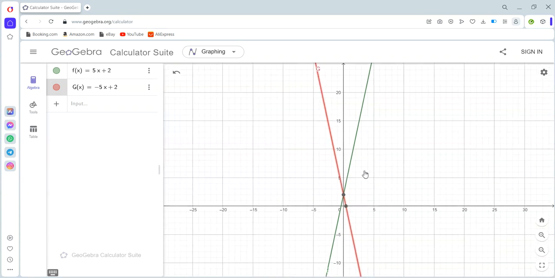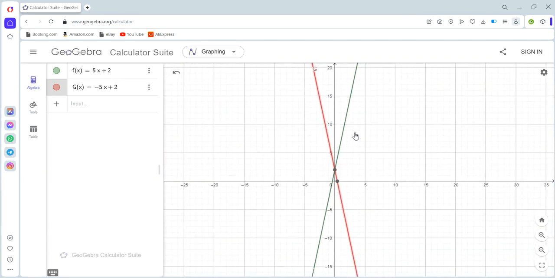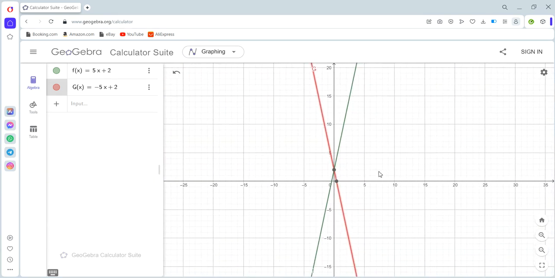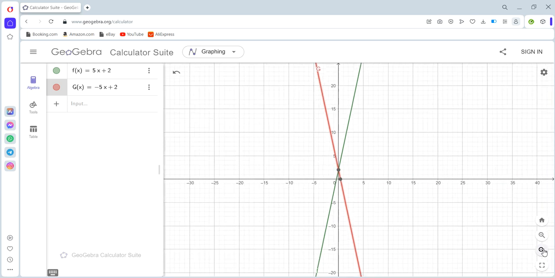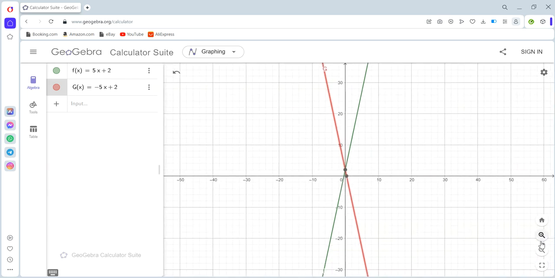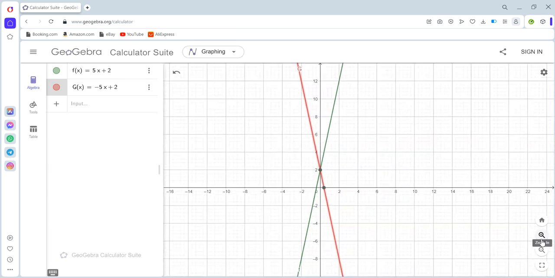As you see, these two functions have the same intersecting point with the y-axis. What's the difference between this function and this function? This function is decreasing, but this function is increasing at the same slope.